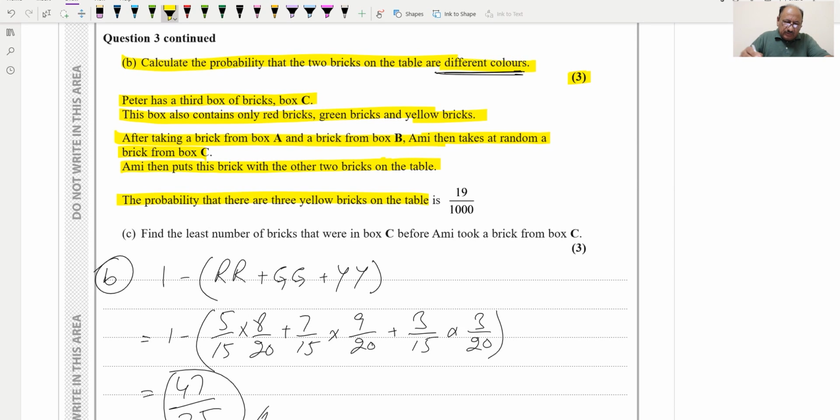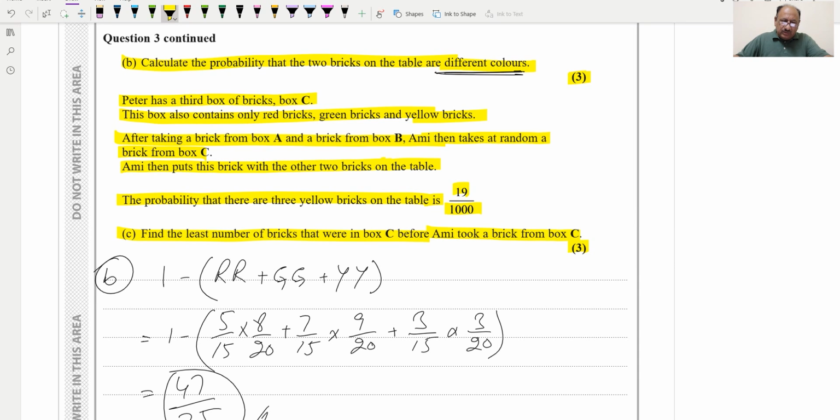The probability that there are 3 yellow bricks on the table is 19 over 1000. Find the least number of bricks that were in box C before Amy took a brick from box C. And this is a 3-mark question.